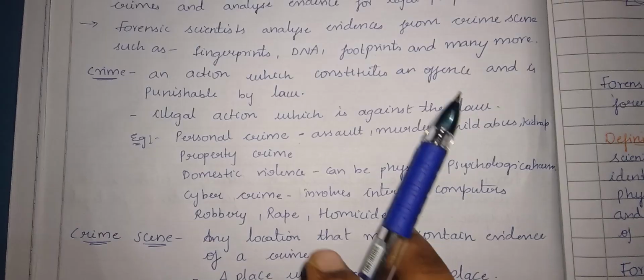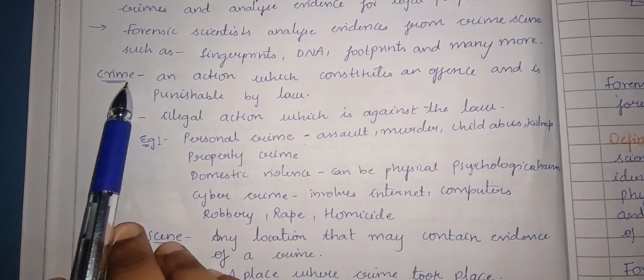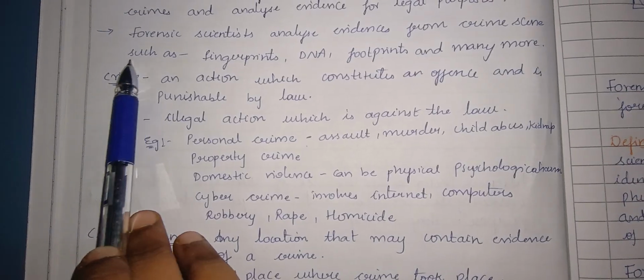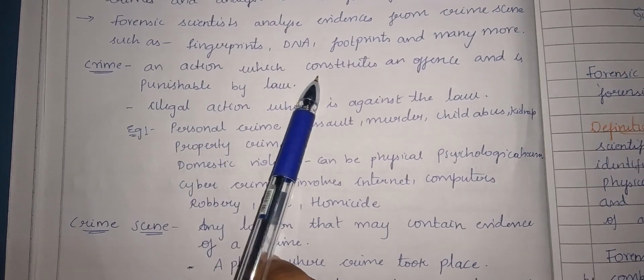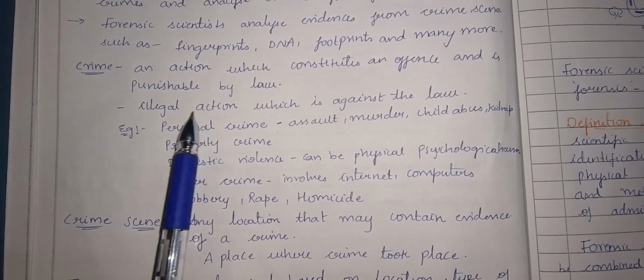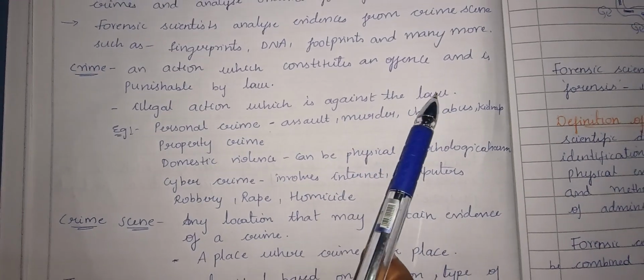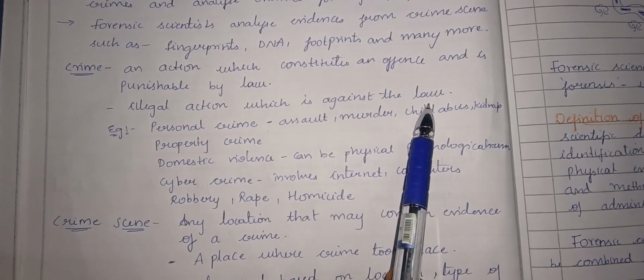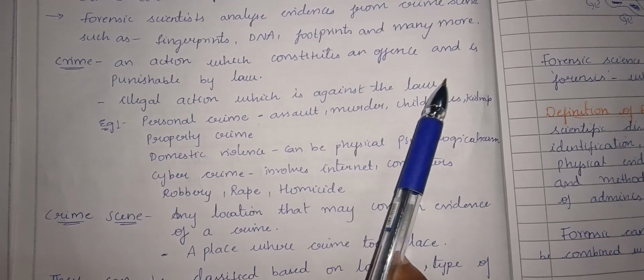Then coming to some of the terms related to forensic science, the first major term is crime. Crime is an action which constitutes an offense and is punishable by law, or else it is any illegal action which is against the law. As you know, in law we have many kinds of rules and regulations to be followed in society by every individual.